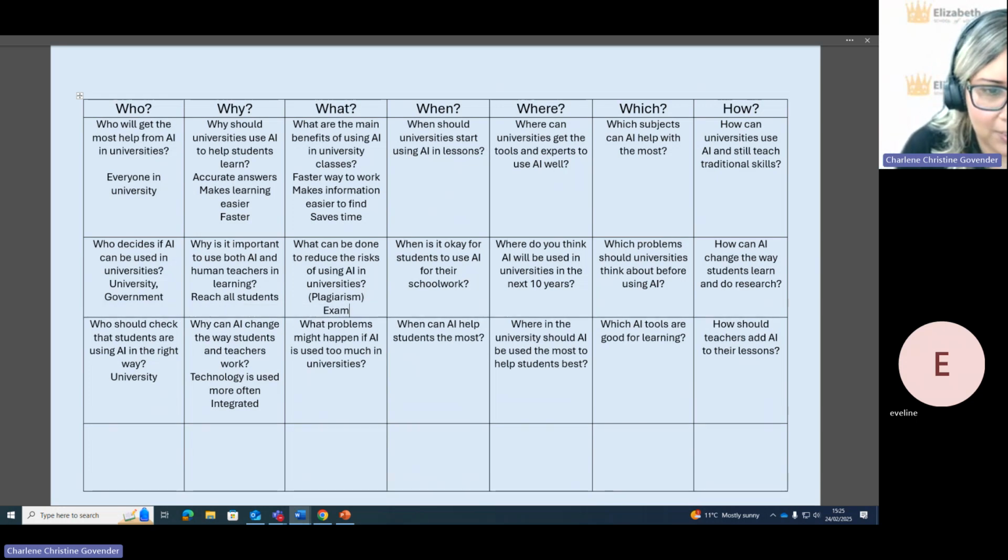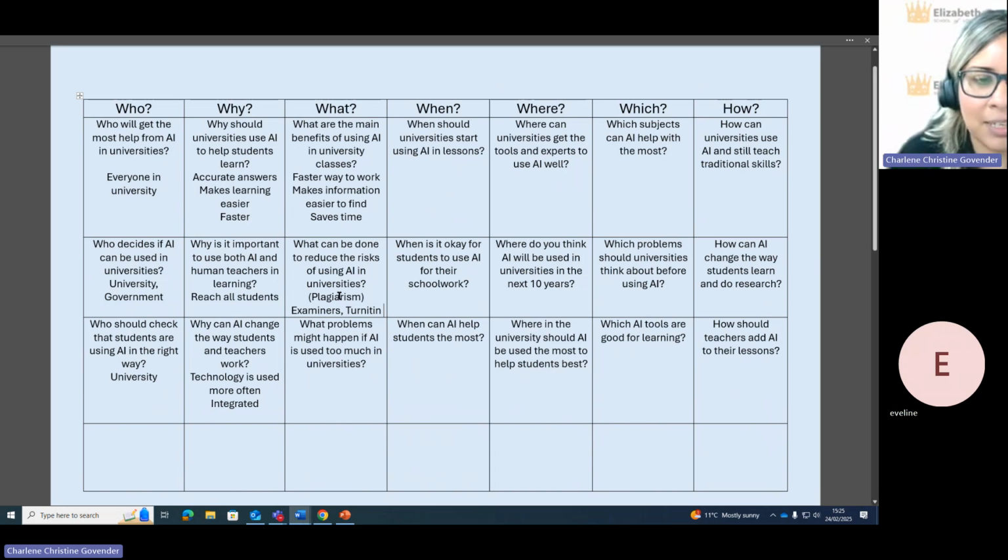Exactly. Is there a tool that they can use to check if you have used AI for plagiarism? Yes, Turnitin. I saw that. So the examiners will read it.